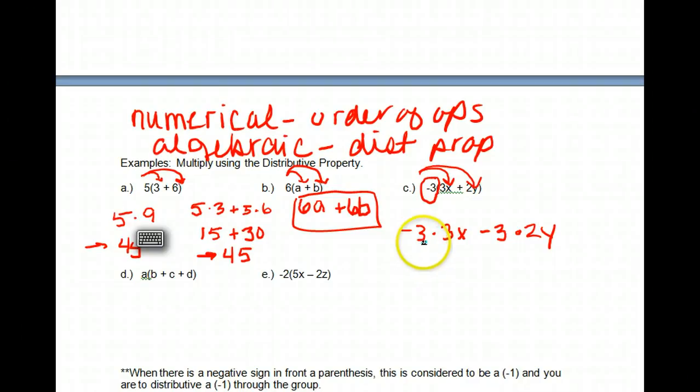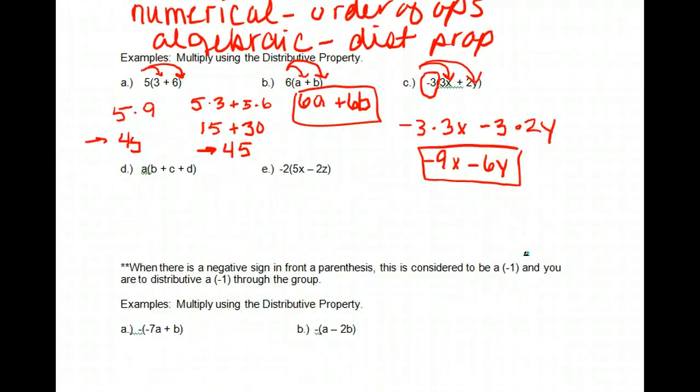As you continue on to do the multiplication, -3 times 3 makes -9x. -3 times 2 makes -6y. Check to see if you can simplify any further. In our case, we cannot. So we put a little box around it and we're all done.